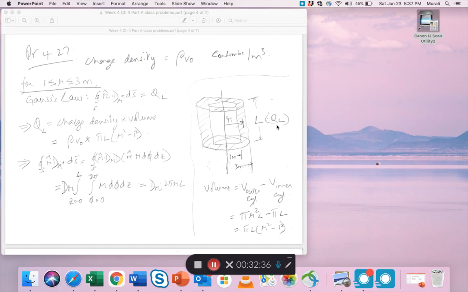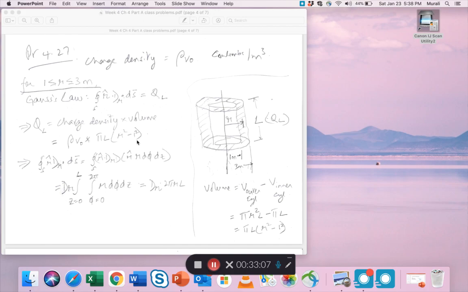So for Q_L, which is just for a length L of this cylindrical shell, Gauss's law will be this. Now Q_L is charge density times volume. Remember, r is a variable anywhere from this point to this point. The maximum it can go is obviously 3, but the minimum is 1, so 1 to some value r.